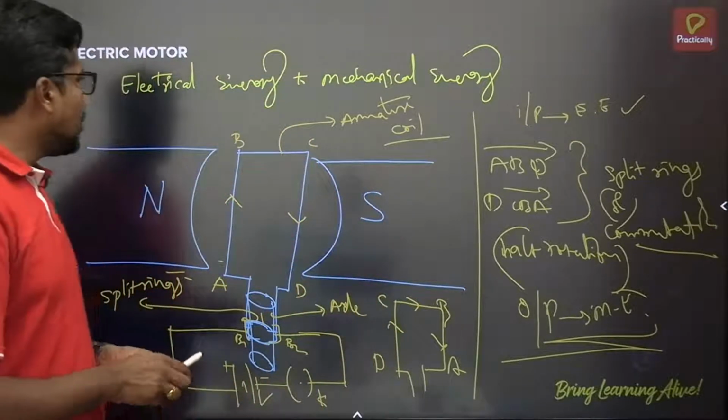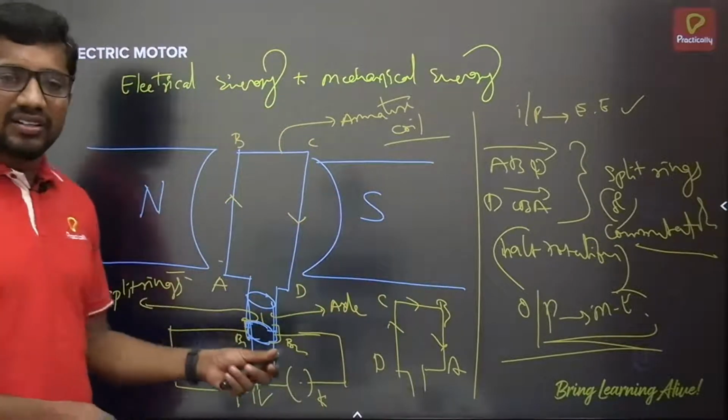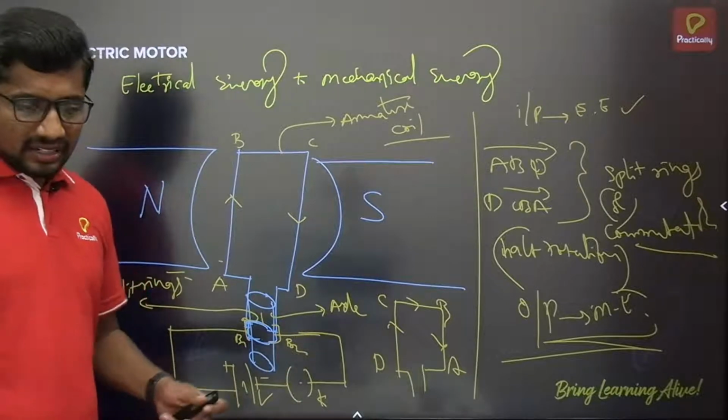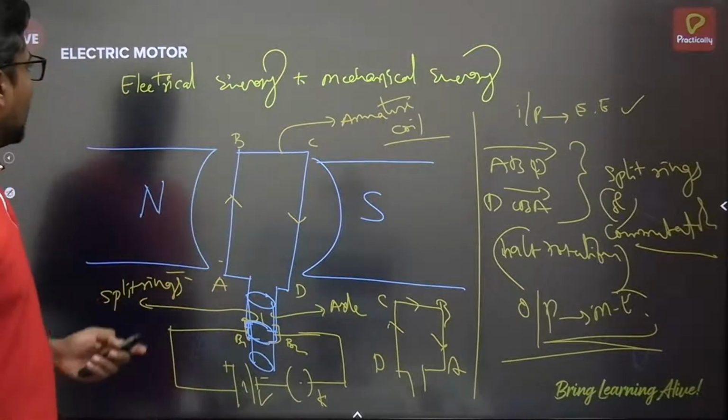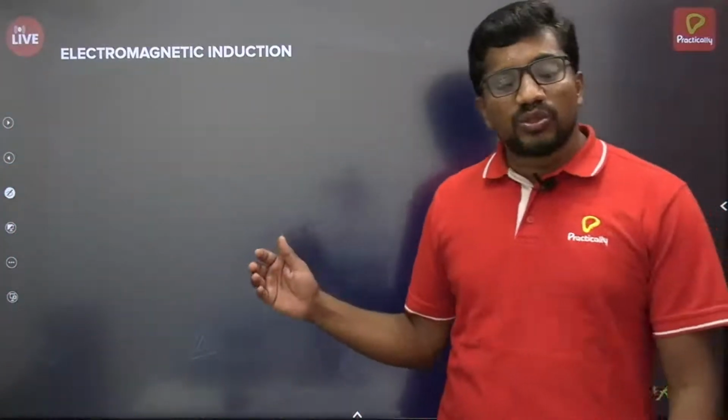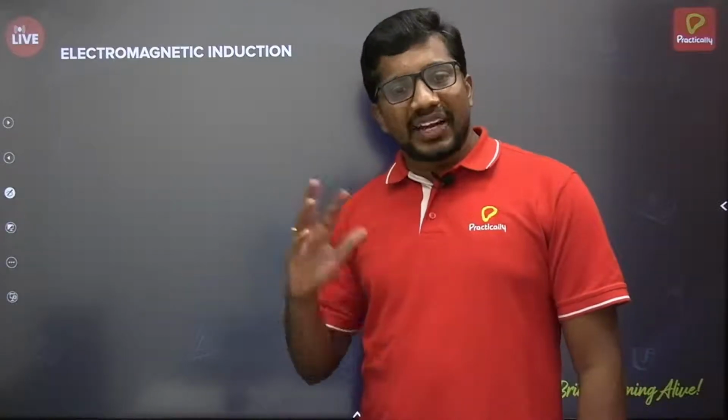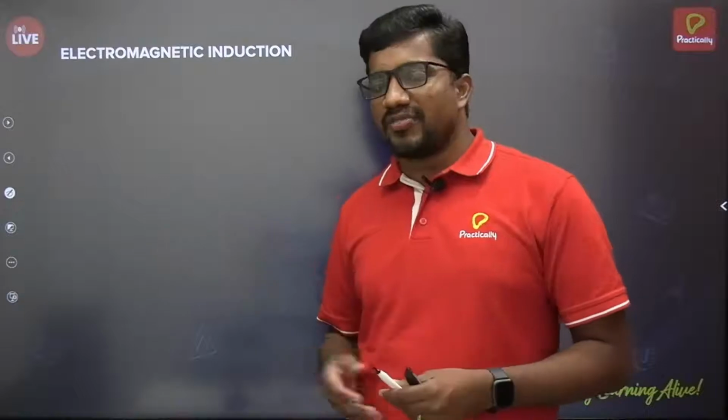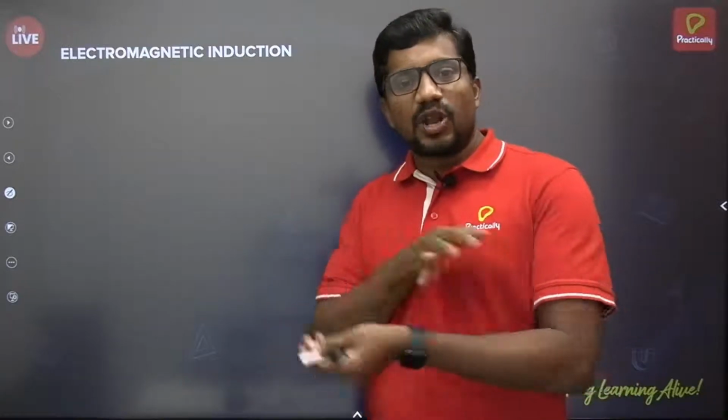So this is about the electric motor: how it works, construction, and applications. Now let's move on to the next one, electromagnetic induction. So far we have seen that when electric current flows through a conductor, a magnetic field is developed. Electromagnetic induction is the reversal of it.